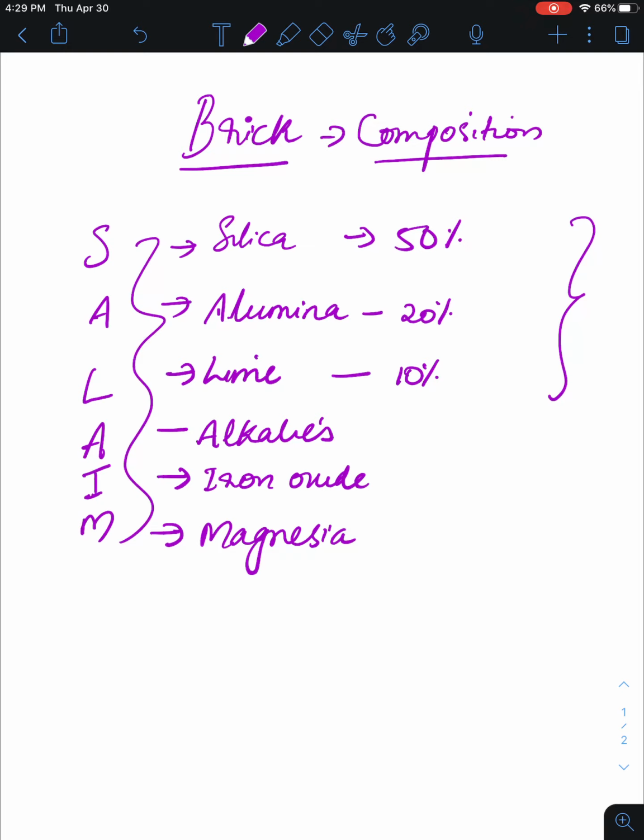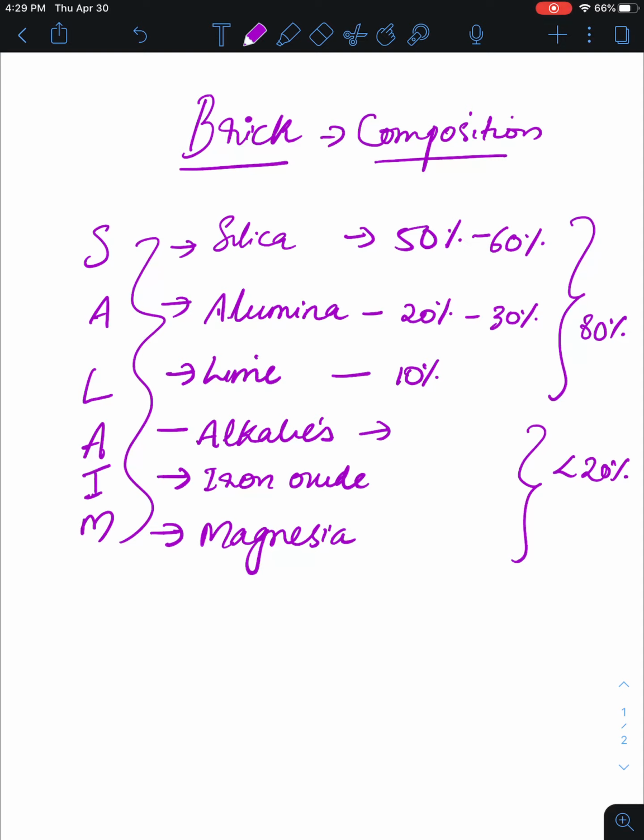So we have to put a range for this. Let us put silica at 50 to 60%, alumina at 20 to 30%, and lime at 10% itself. Now the rest will be less than 20%.